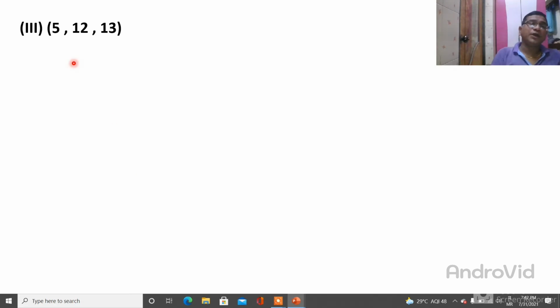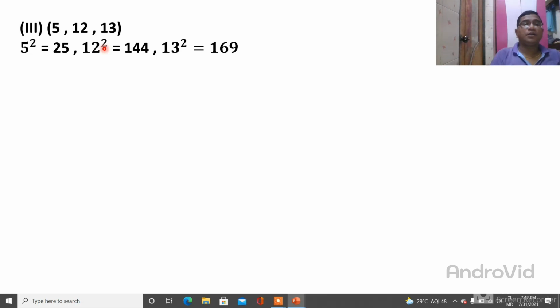Then 5, 12 and 13. First we write the squares: 5 square is 25, 12 square is 144, 13 square is 169. First we write the sum of the squares of the two smaller numbers: 25 plus 144 is 169.